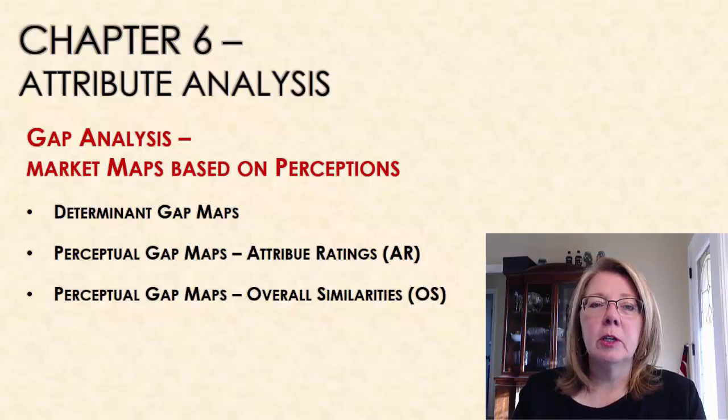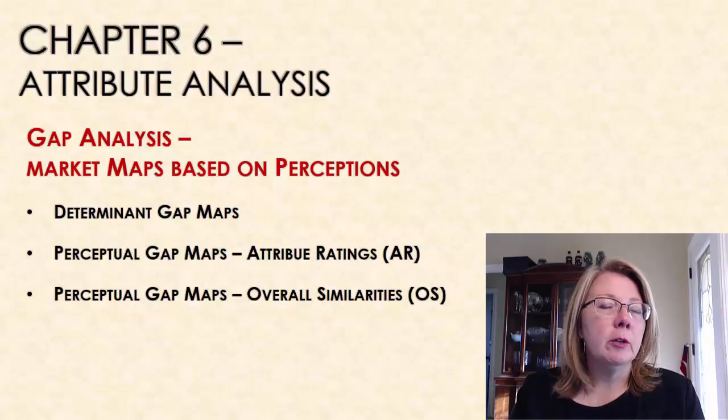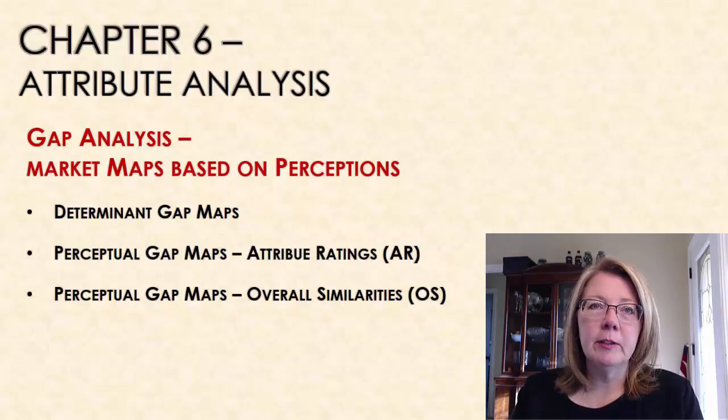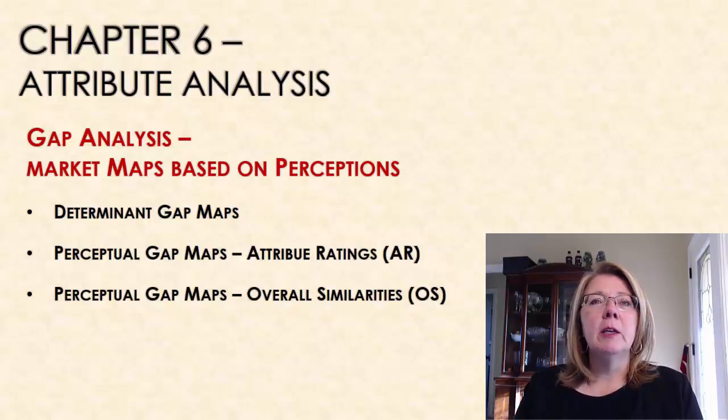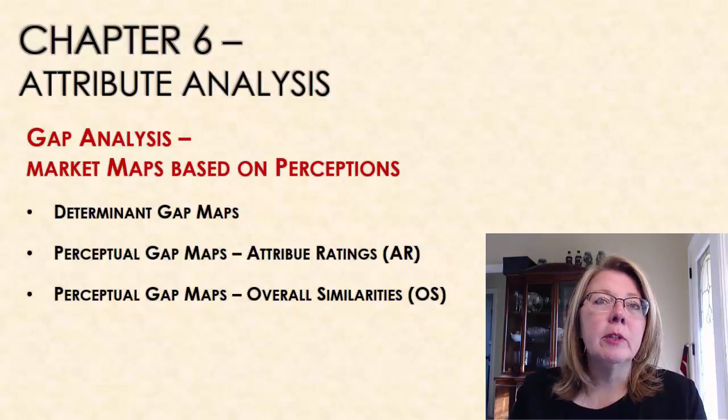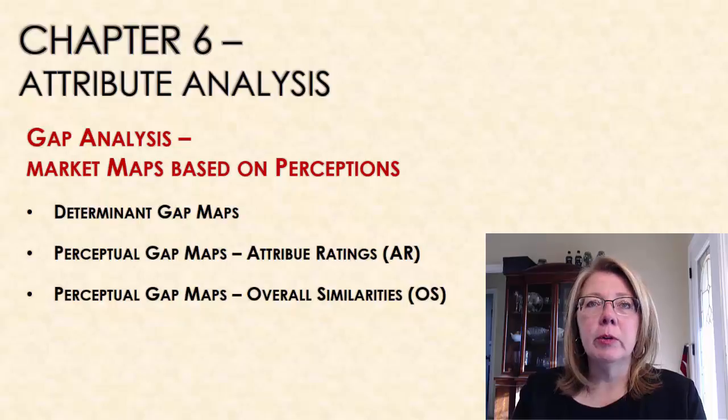There are three major categories of gap maps covered in chapter 6. Determinant gap maps are based on managerial judgment. A manager somewhere, who may have a lot of expertise and be very qualified to do this, is determining the determinant attributes that are differentiating and important for a product category. He's then evaluating different products on the market based on those attributes and plotting them on a map.